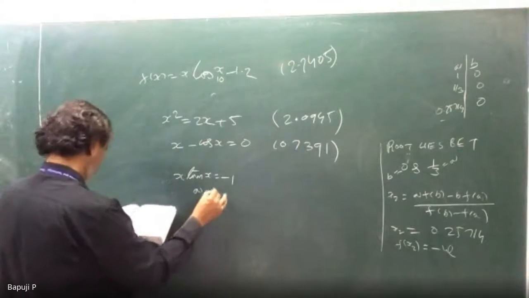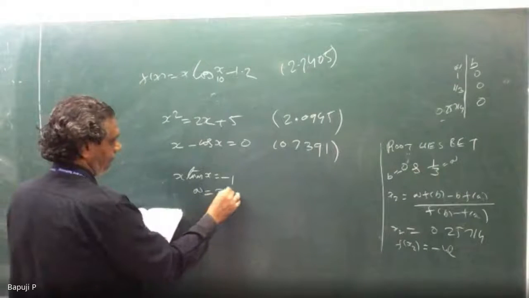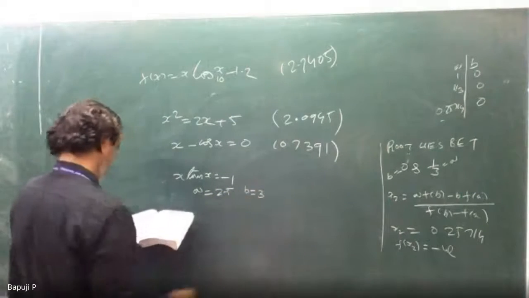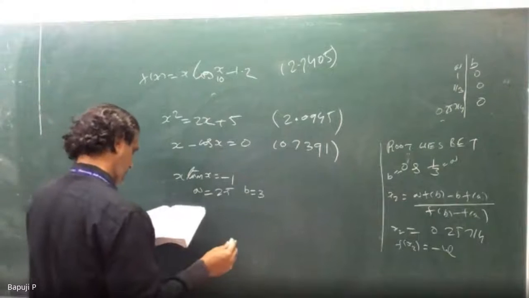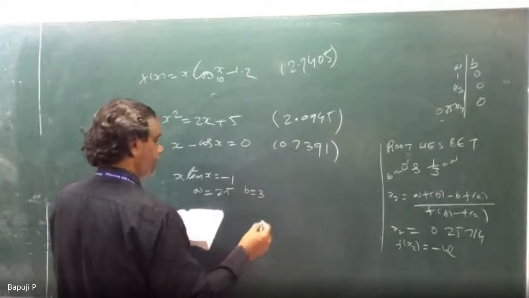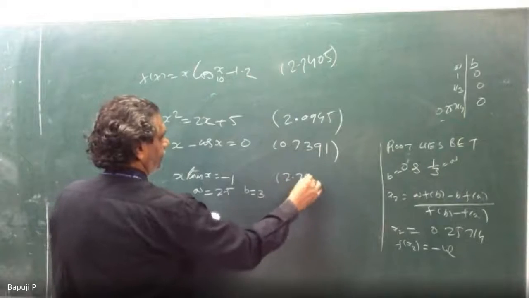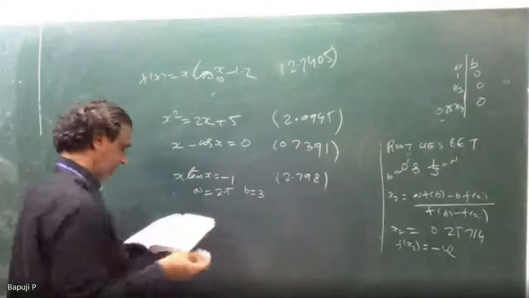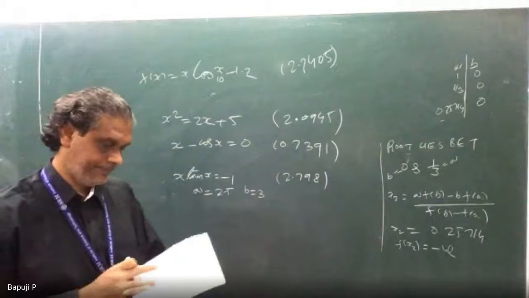A is equal to 2.5, B is equal to 3. Answer if you want. So three decimals is also remaining with the four decimals.